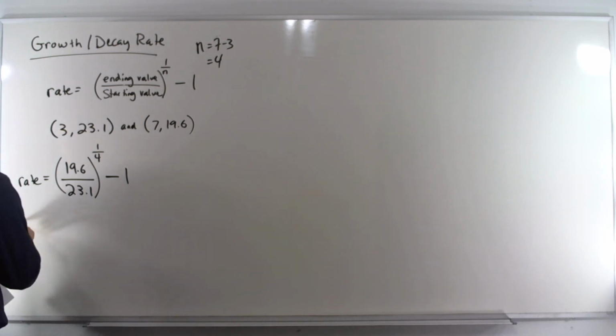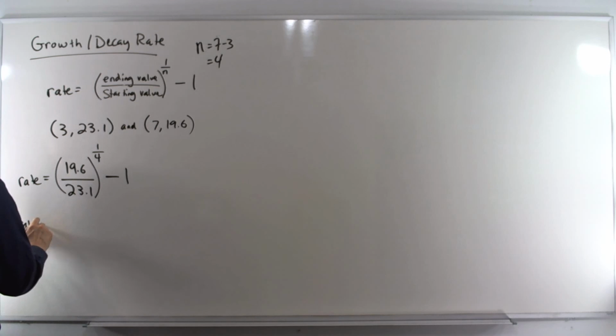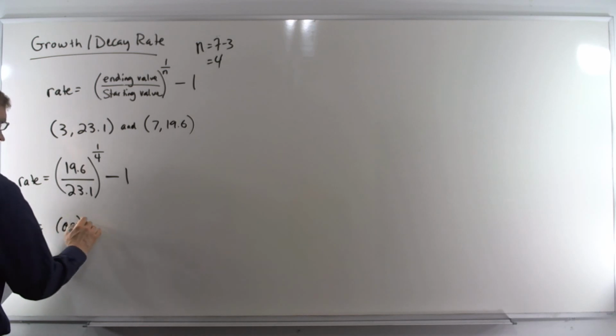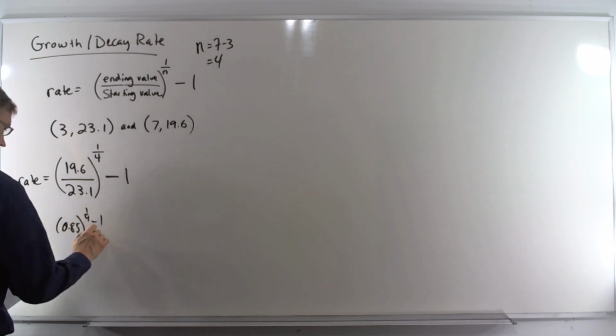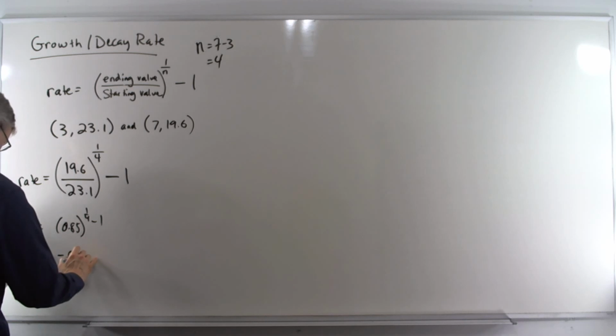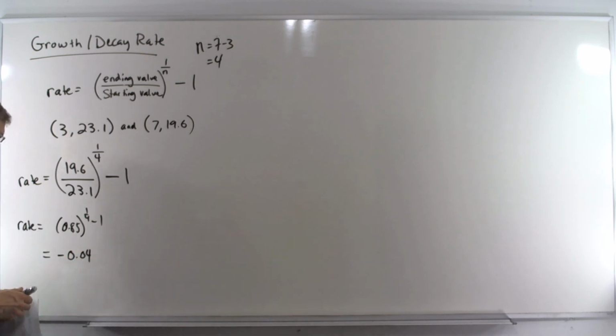Dividing these two, we get 0.85 to the 1/4 minus 1. Calculating that out, we get negative 0.04.